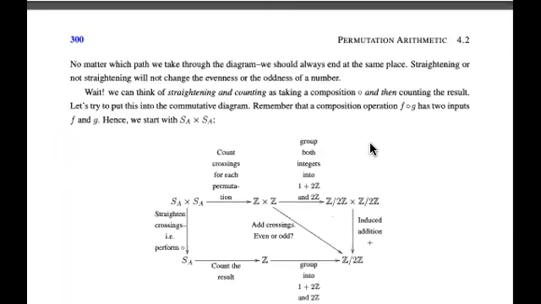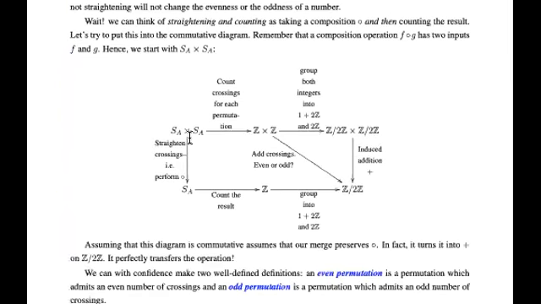Let's kind of look at really what's happening here. So composition really has 2 things happening, right? So we straighten the crossings into 1 permutation, then we count the result, and then we see if it's even or odd. All right. Here, we just count the number of crossings for each permutation that's stacked, and we send it over here.